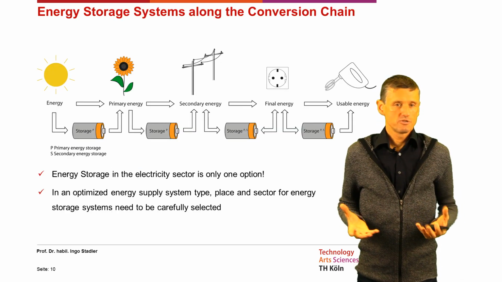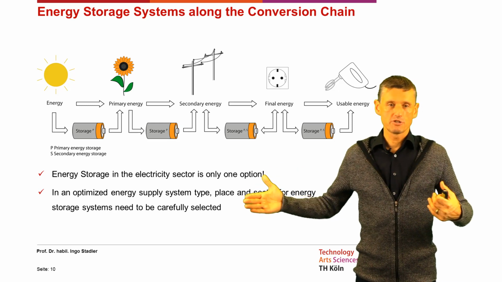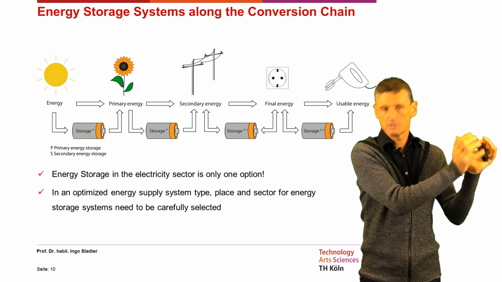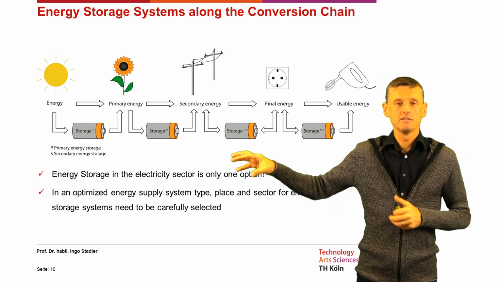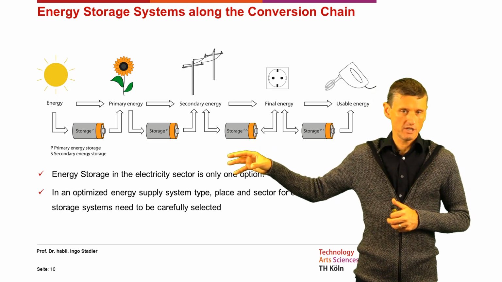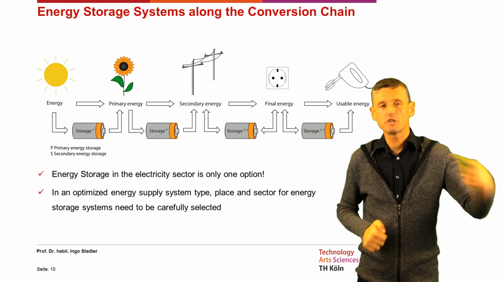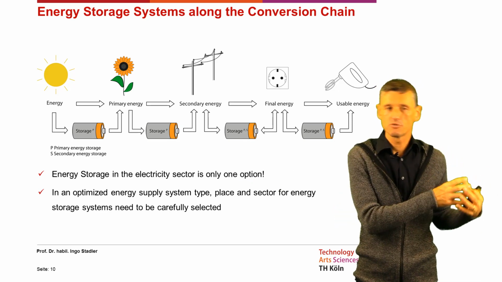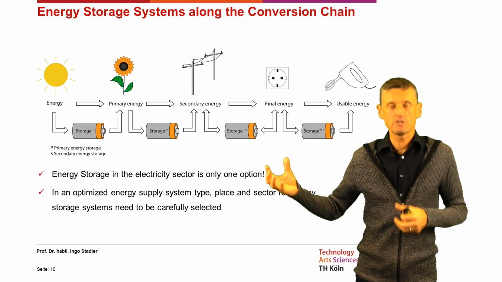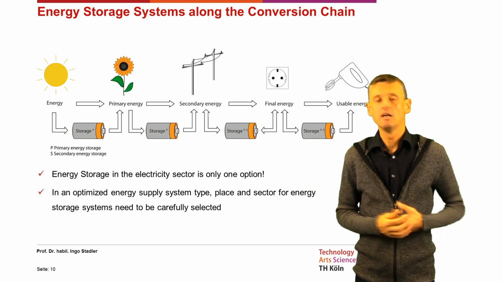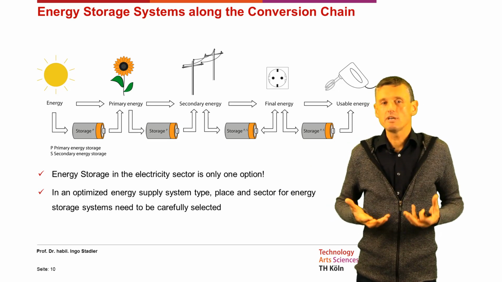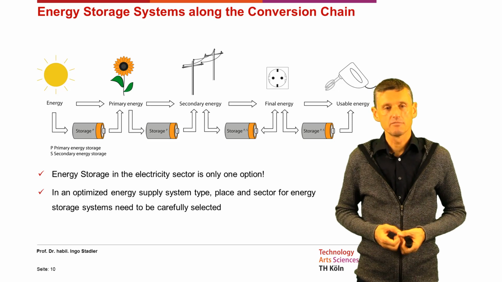In all sectors we have long conversion chains from the very primary source, that could be for example the sun, solar energy, until the usable energy on the complete other side of the chain. Along the conversion chain from the primary source to primary energy, to secondary energy, to final energy, and finally the energy usage, in most steps we can have a storage implemented.